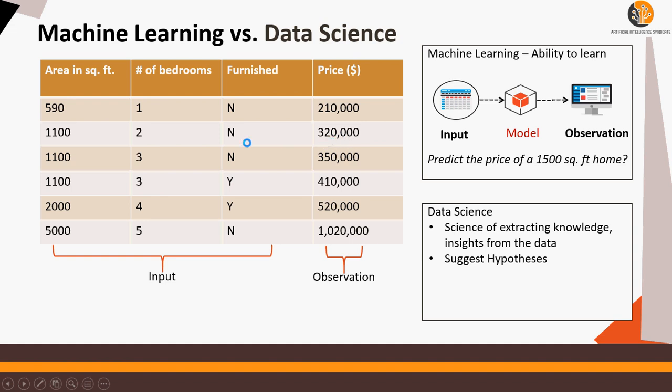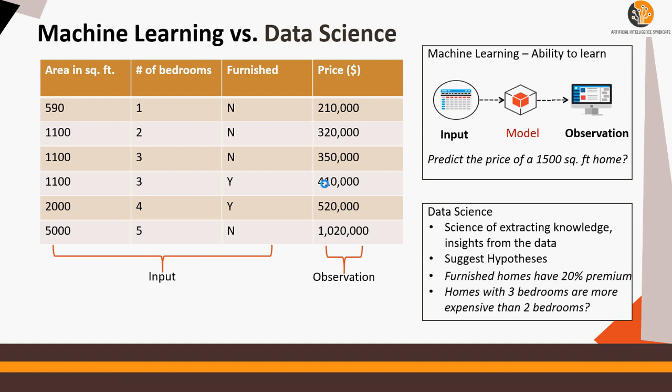However, with the same area and the same number of bedrooms, a furnished home is going to fetch you a higher price. Furnished homes have a 20% premium. Homes with 3 bedrooms are more expensive than 2 bedrooms. So the data scientist's approach, thinking and output would be different compared to a machine learning algorithm.